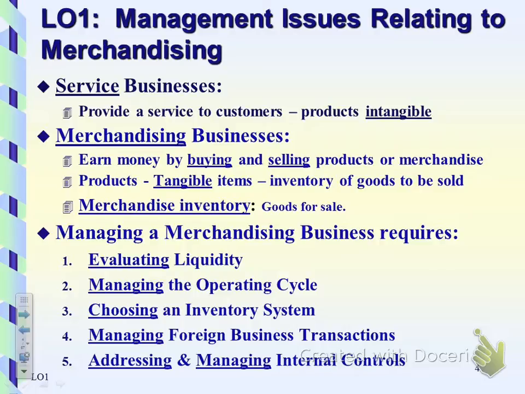So there are 5 primary issues that they have to address in their merchandising business. They have to evaluate their liquidity, manage the operating cycle, choose an inventory system, manage foreign business transactions, and then address and manage internal controls.